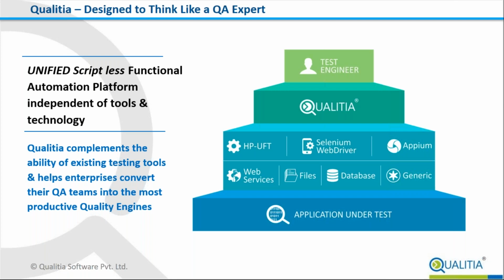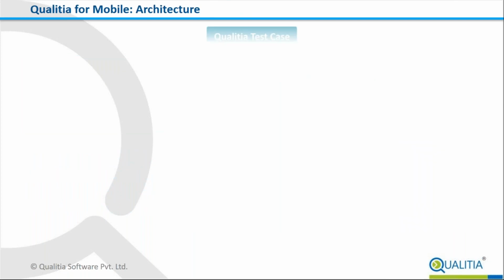So with this 4.1 release, this entire design thinking for QA has been extended by Kulesia for even mobile automation, and for that we leverage Appium.